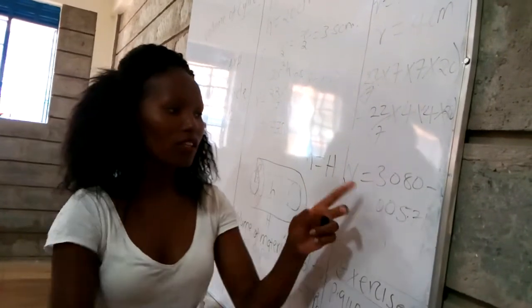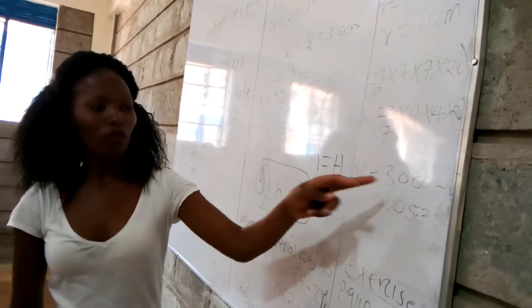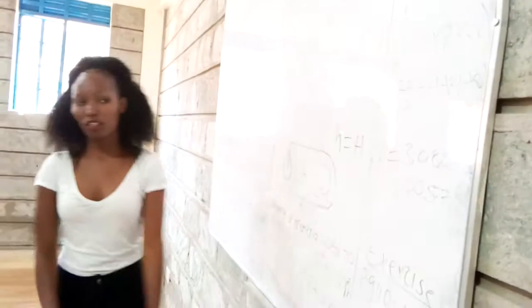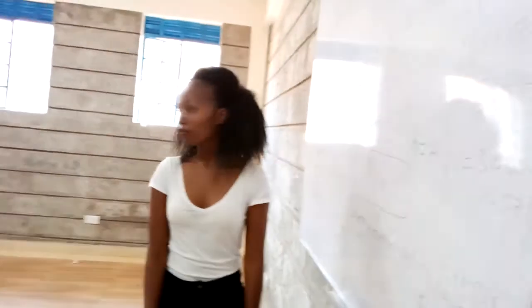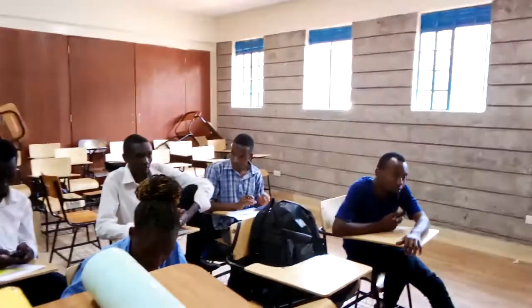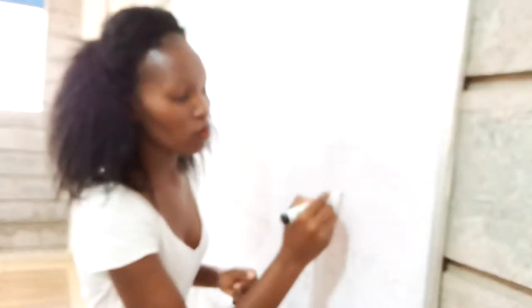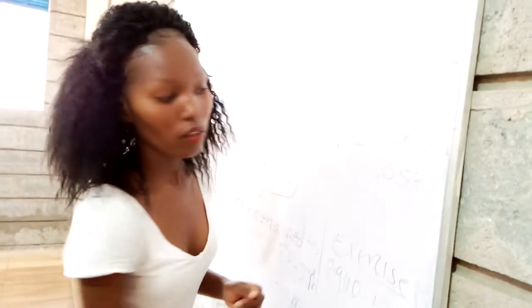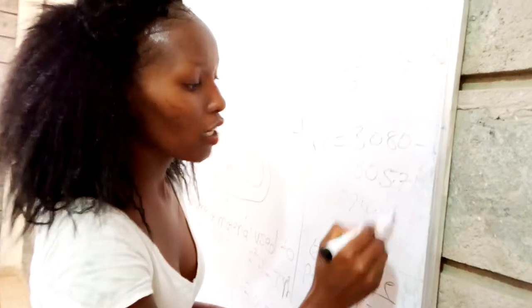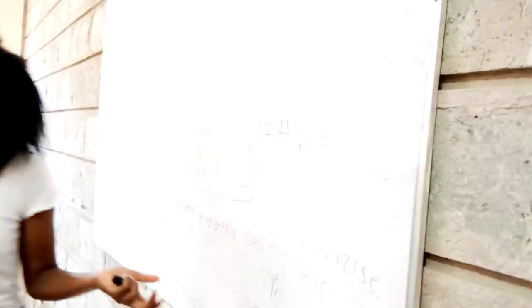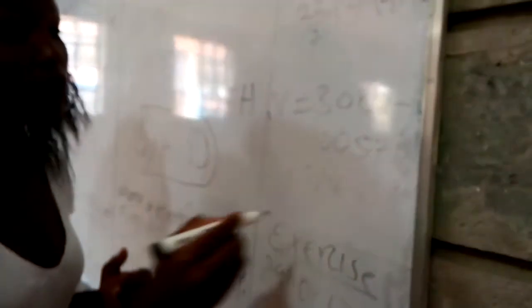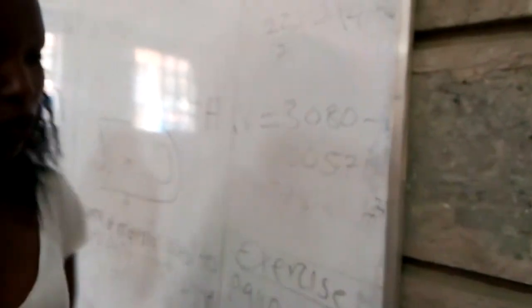So what's the difference from 3,080 minus that? 2,074.28. 2,074.28 what? Centimeter cube. Good.